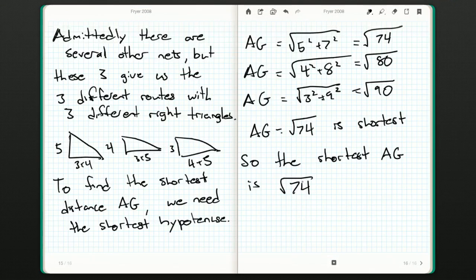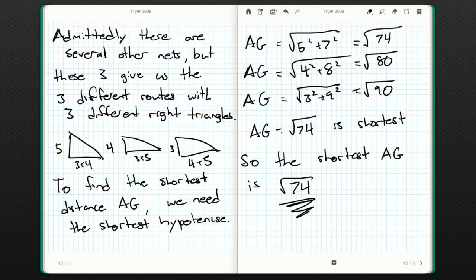Does that have any squares? No, it doesn't, so square root of 74. That's the final answer. If it had a factor of 4, we could take it out and say it was 2 root something, but 74 is just 2 times 37, so there's no perfect square to take out of there.